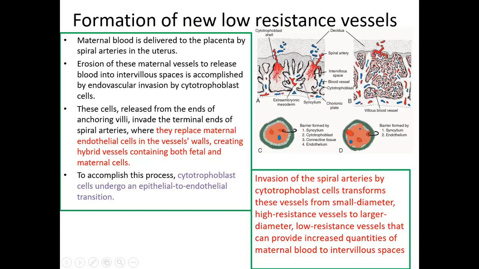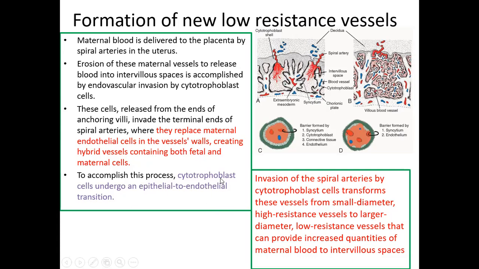Now these cells released from the ends of anchoring villi will invade the terminal ends of spiral arteries where they will replace maternal endothelial cells in the vessel walls, creating hybrid vessels. So the encroaching cytotrophoblast will replace the maternal endothelial cells in the maternal spiral arteries, creating hybrid vessels which contain both fetal and maternal cells.